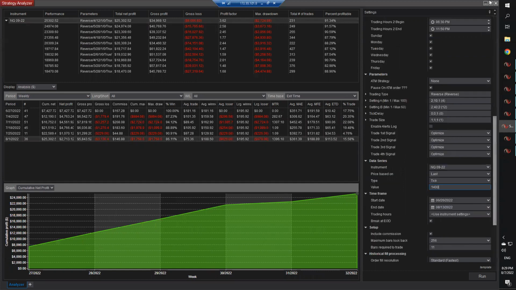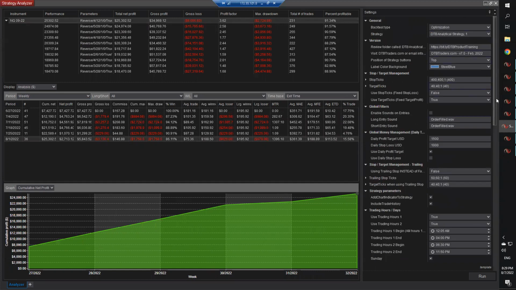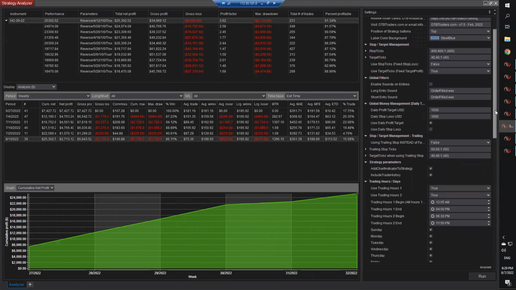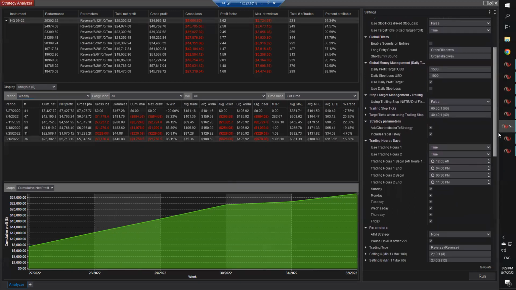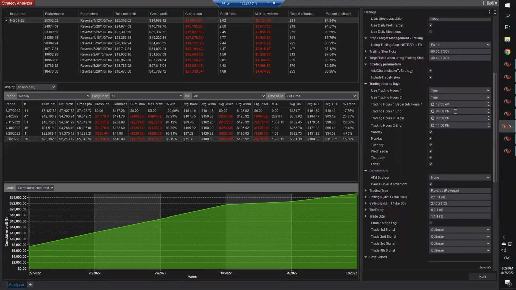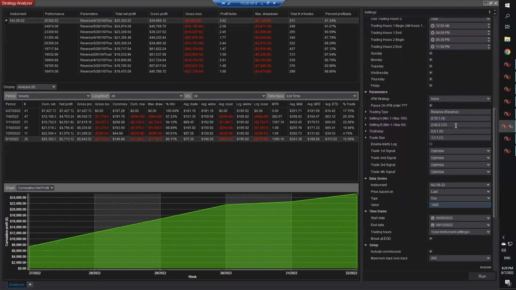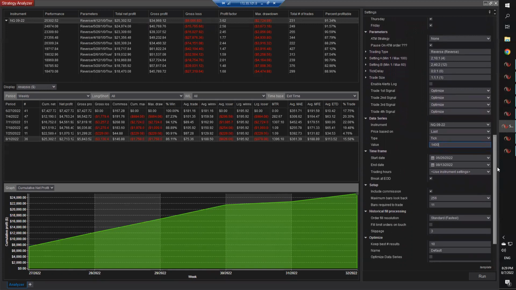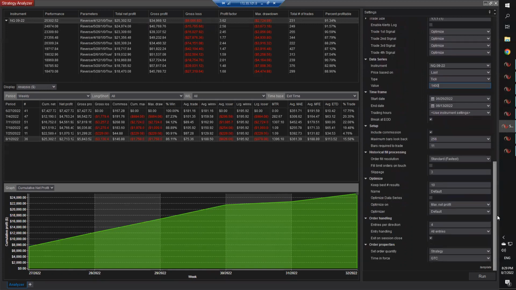Again, it is the analytical strategy 1, and it is optimizing the target ticks, a daily profit target, the time frame on reverse with setting A and setting B. I haven't even used the tick delay. I mean, there's so much you can actually do with this to produce incredible results. All you want to do is create a higher probability of success.